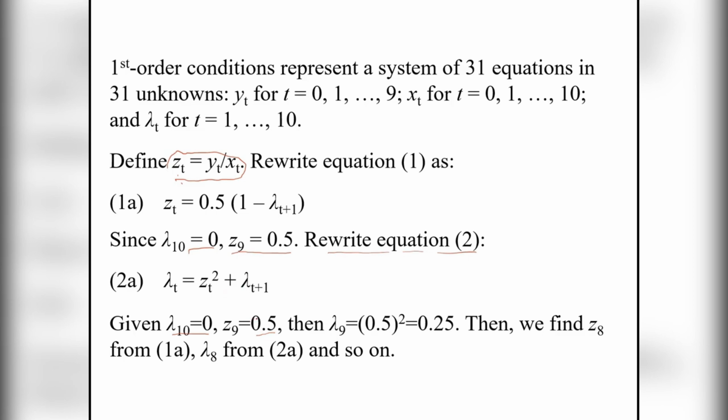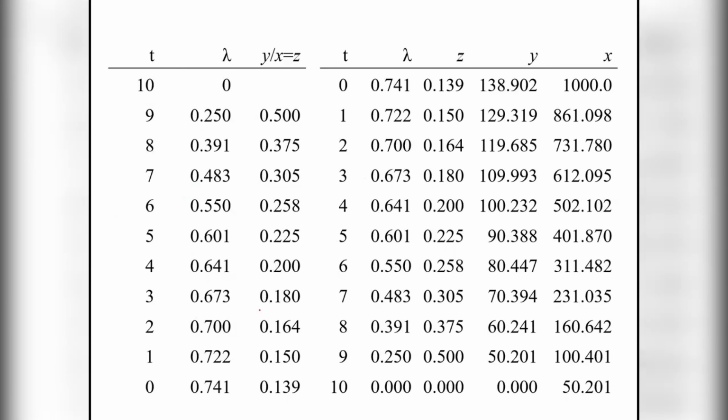Then lambda 9 is given by equation 2a, where z9 is squared, so 0.5 squared is 0.25, and lambda t plus 1 for 10 here is 0. Then we can find z8 from equation 1a again, lambda 8 from equation 2a, and so on down.